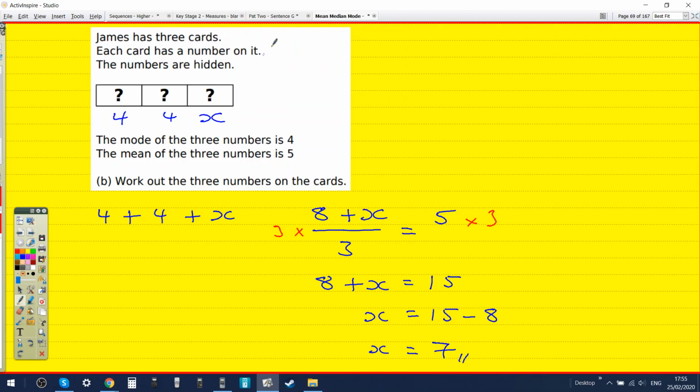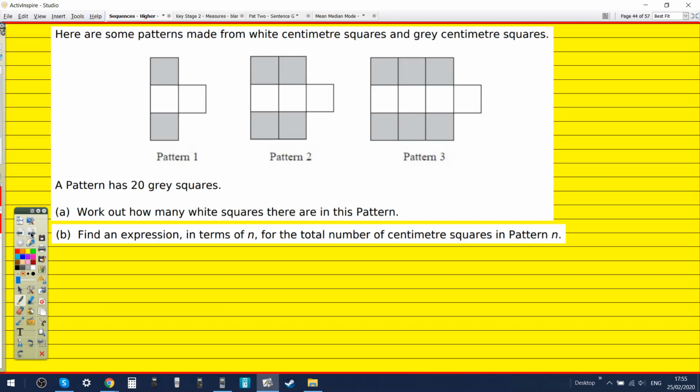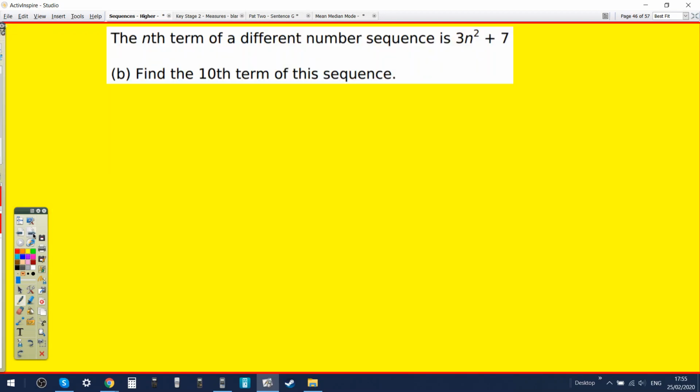Yeah, that's good. Okay, so where's our sequences gone? I think you're pretty good for sequences, to be honest. How would you find the 10th term for this one? You would have to do 10 times by itself times by 3 add 7.